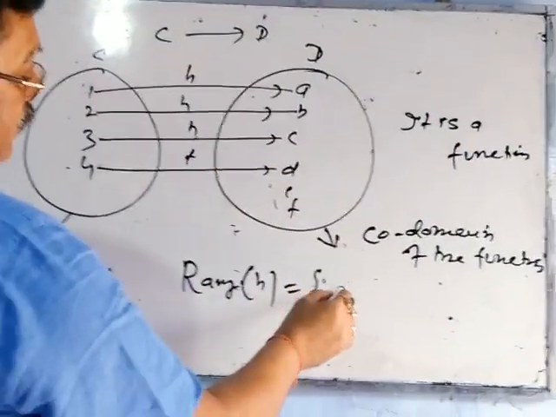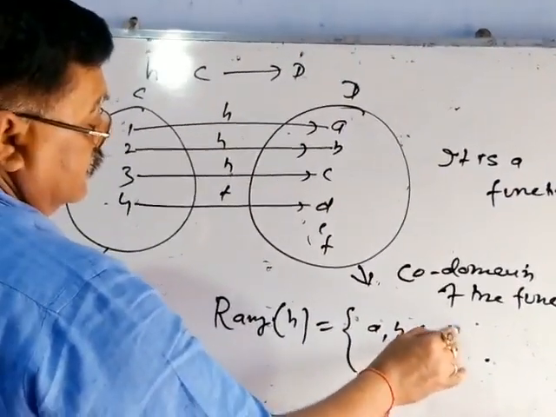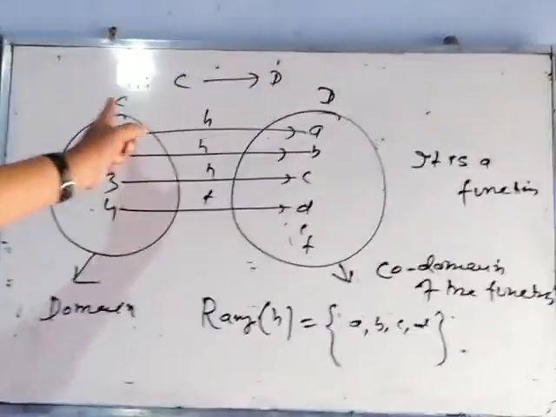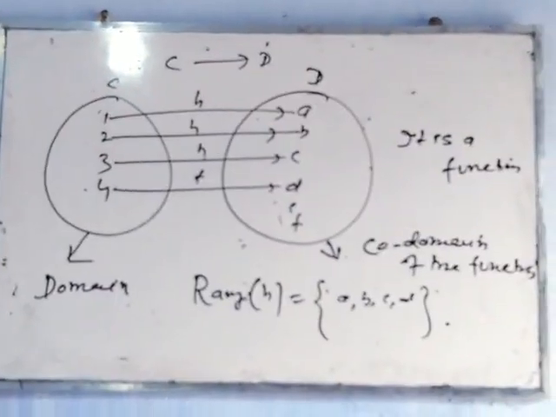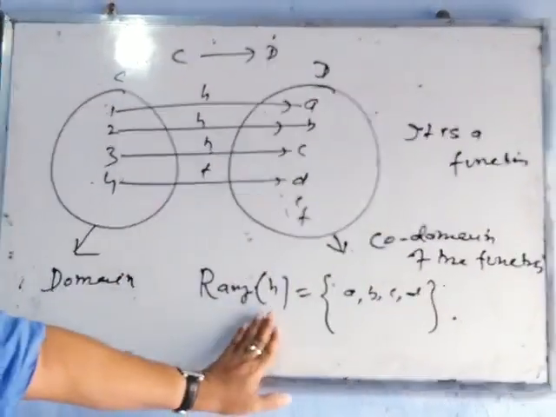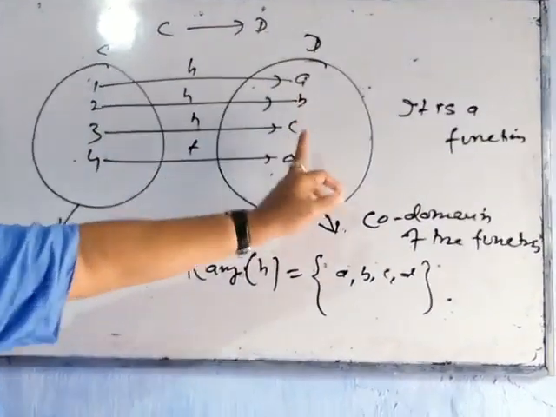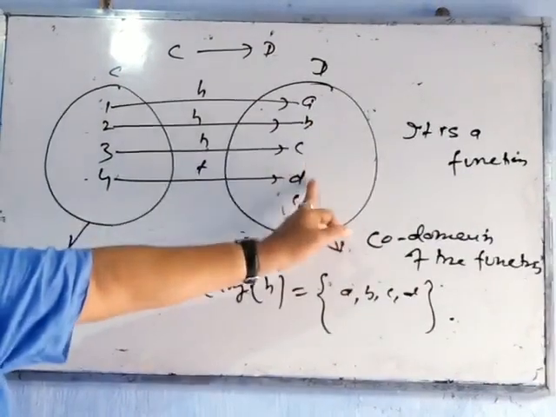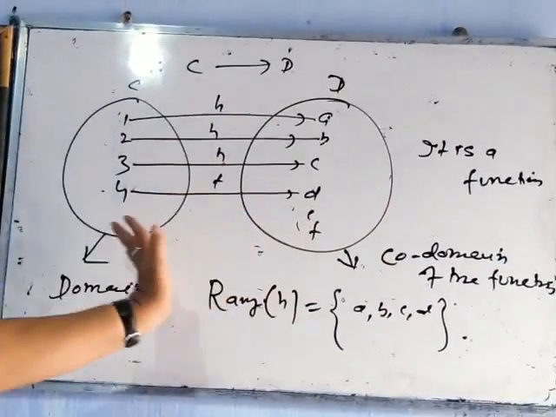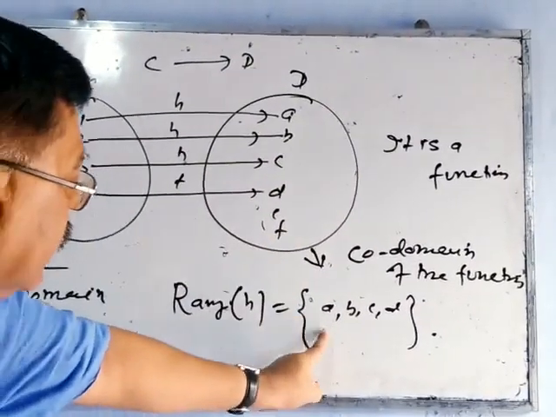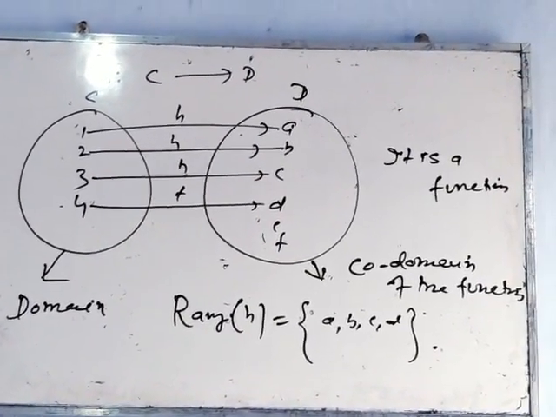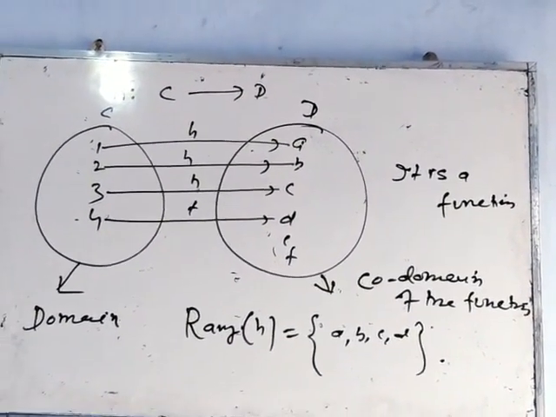So we take only A, B, C, D. They only come in the range of the function H. If H from C to D is a function, then C is the domain, D is the codomain, and in range we take only A, B, C, D because they are associated with elements of the domain. E and F are not associated, so they will not come in the range of the function. So this is the domain, range and codomain of a function.